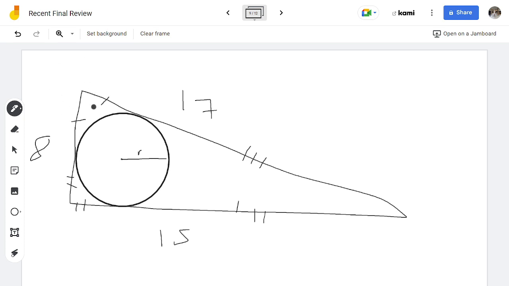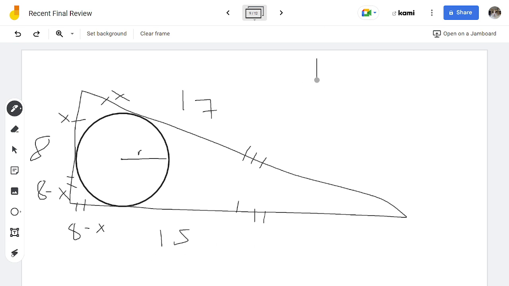Basically we can just start in one place. Like for example, let's start here. We know both of these are x, which means that this side will be 8 minus x. So we know this is 8 minus x. And because this is 15, this part right here will be 15 minus parentheses.